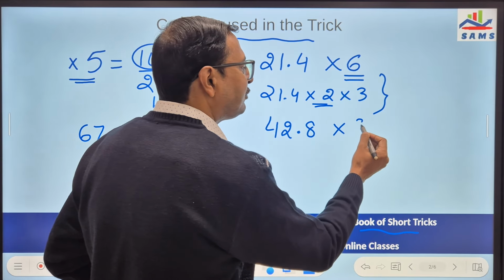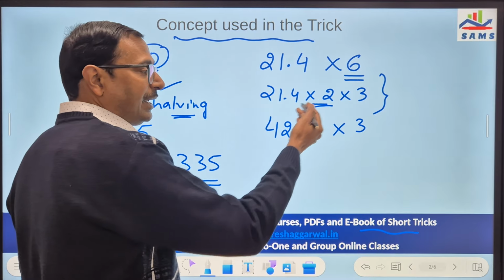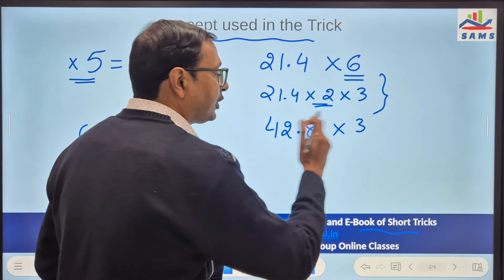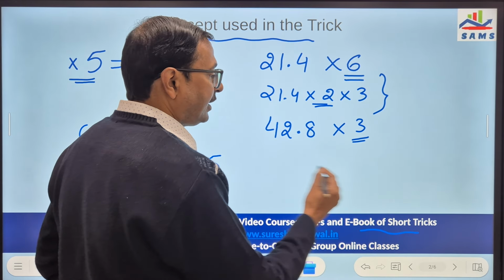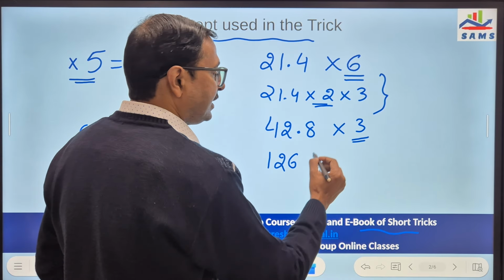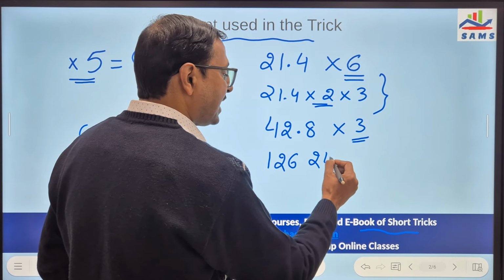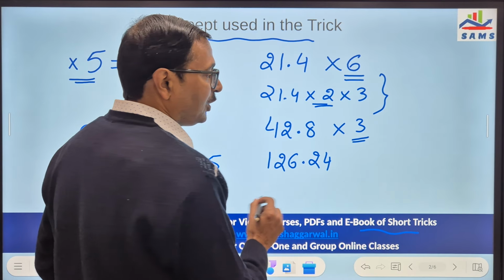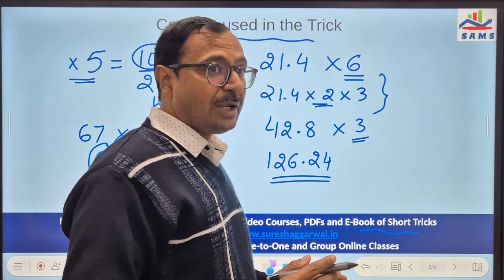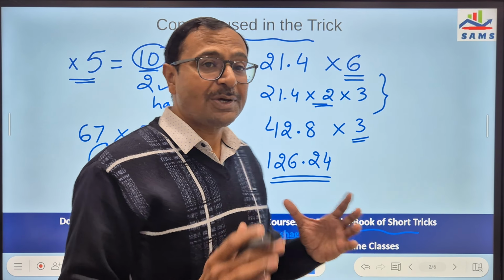And now once we have to triple this, the double of 42 is again 84, and triple of 42 now which we want is 126, and triple of 8 is 24. So can I write this as the answer? And you will see that this answer is actually the most common wrong answer for this question.